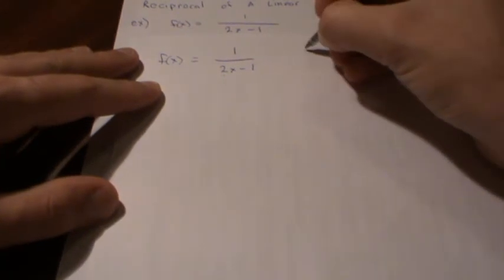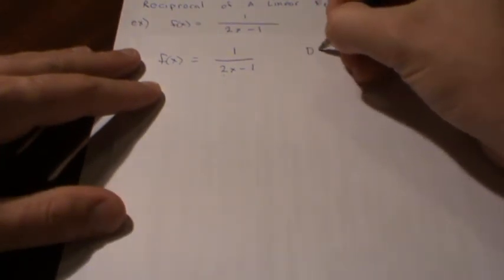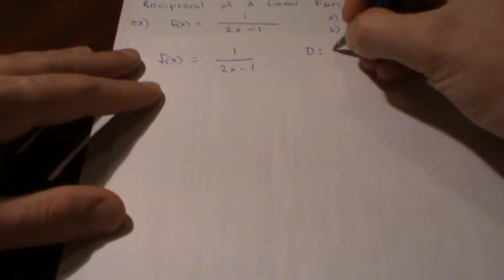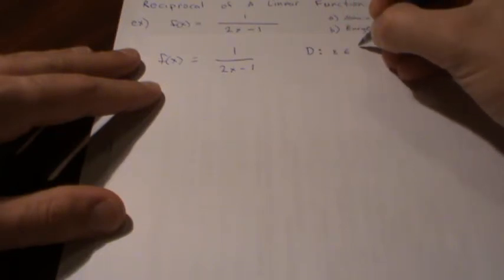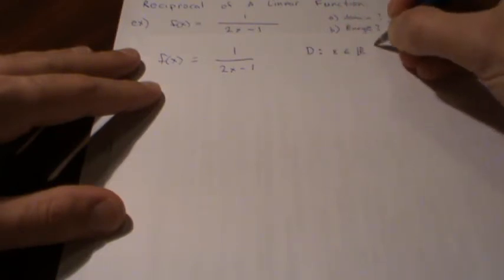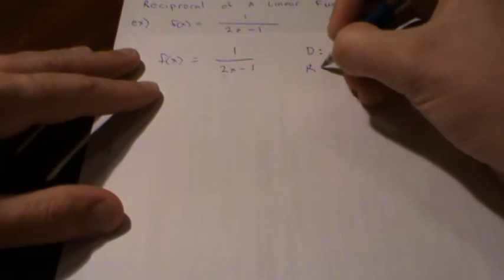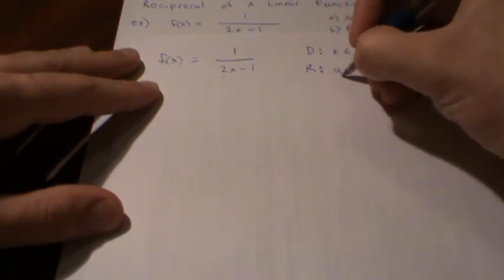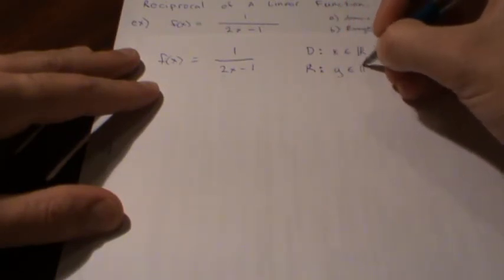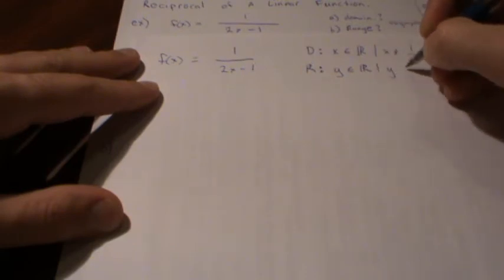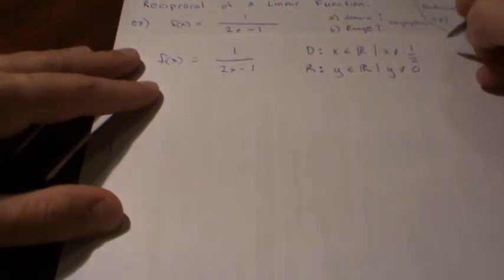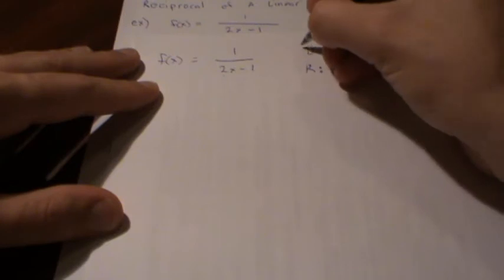We've already said that the domain is x is a real number such that x cannot equal 1/2. We've already said that the range is y is a real number such that y cannot equal 0. Okay?